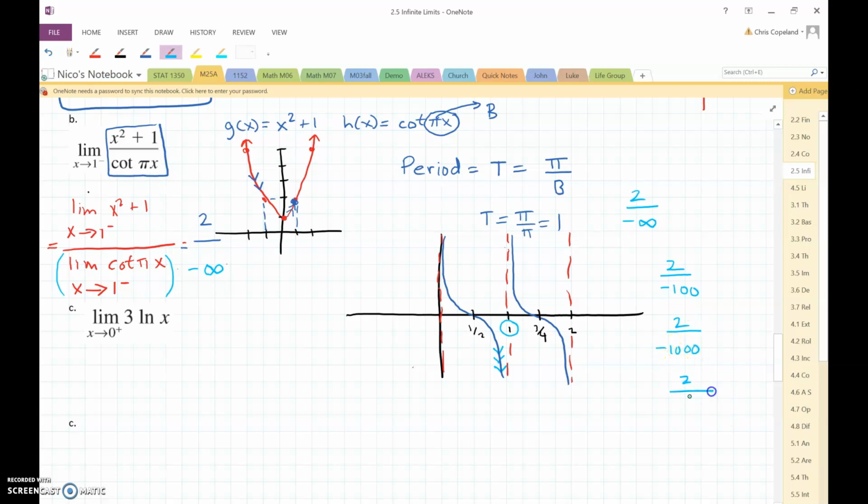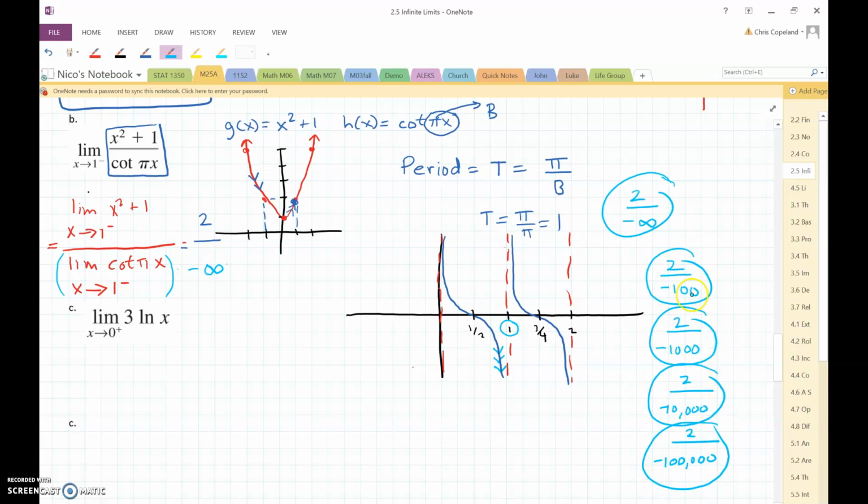What if you took 2 and divided by negative 10,000? The number would be smaller, and it would just continue to get smaller, which tells us, and you can put this in your calculator to see this, that this is going towards 0. Okay, so we're not going to write 2 divided by negative infinity. What this really represents is 0.